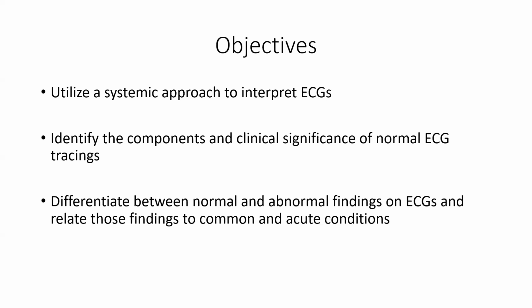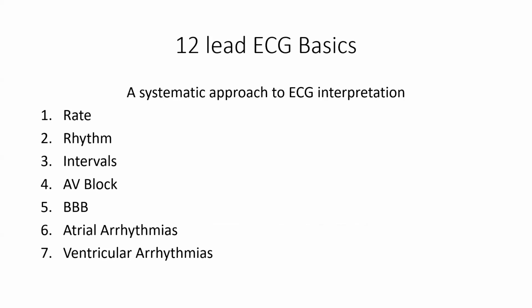Hopefully it's a review, but if it's new information, I hope it's helpful. So I want to get through an approach to rate, rhythm, intervals, and then we'll go through some arrhythmias, EKGs, and case studies.